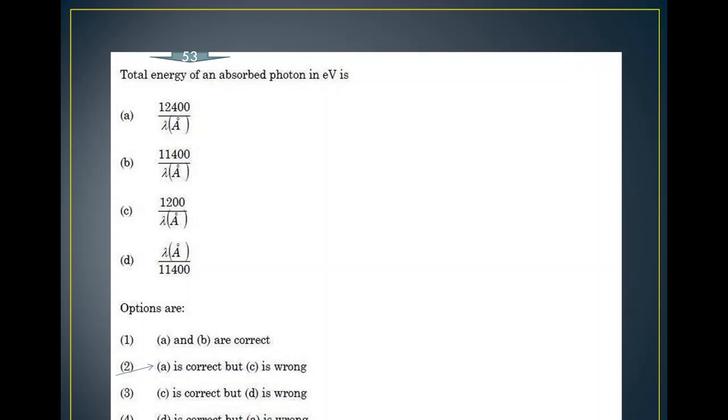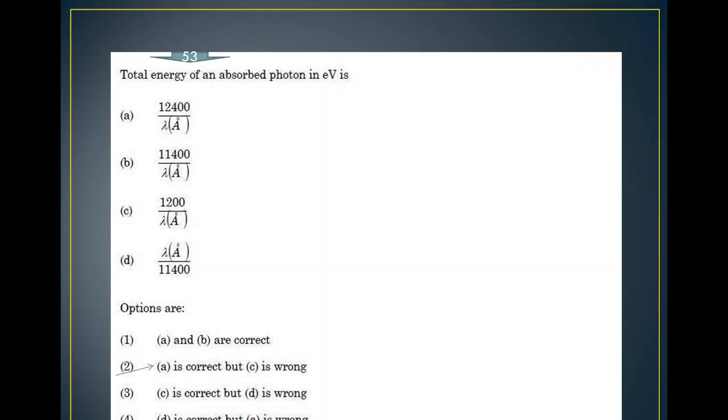And D, lambda upon 11,400. Your options: first, A and B are correct. Second, A is correct but C is wrong. Third, C is correct but D is wrong. And fourth, D is correct but A is wrong. And your correct answer is option second, that is A is correct but C is wrong.